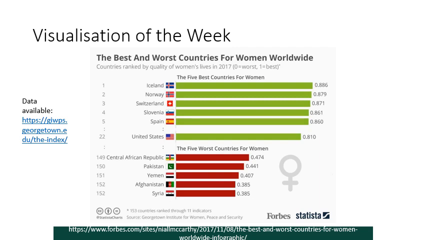The first number is for Iceland, and it's 0.886. The countries are ranked from best to worst. What they've done in this example is use colour quite effectively. We can see green is good, red is bad.